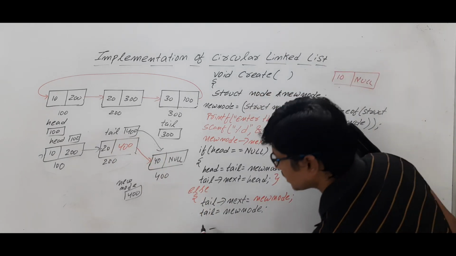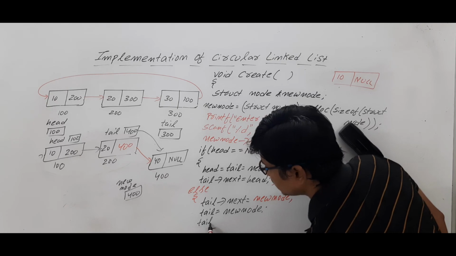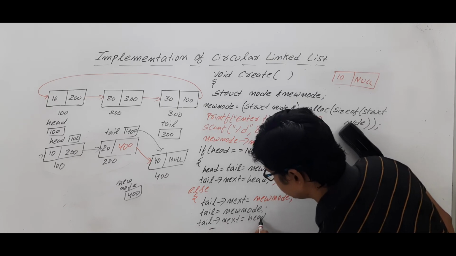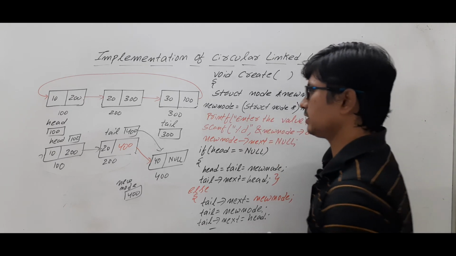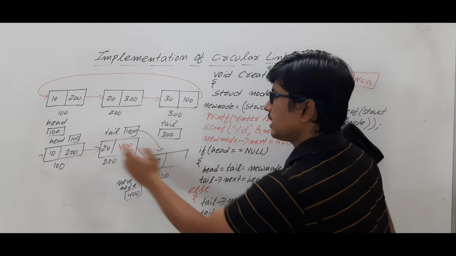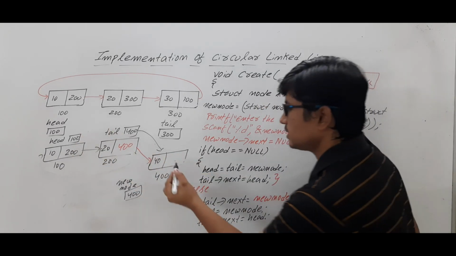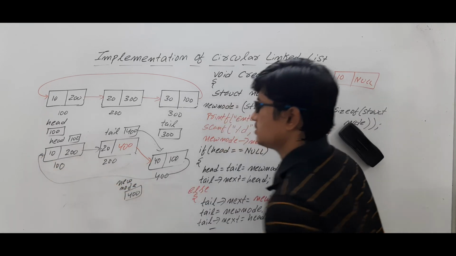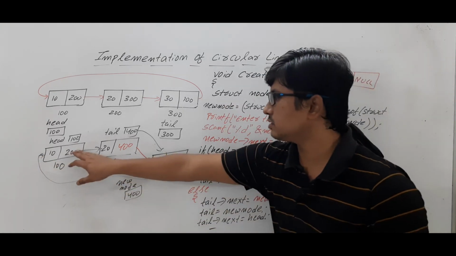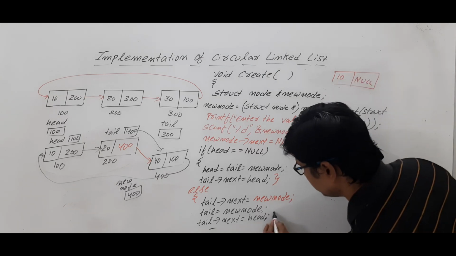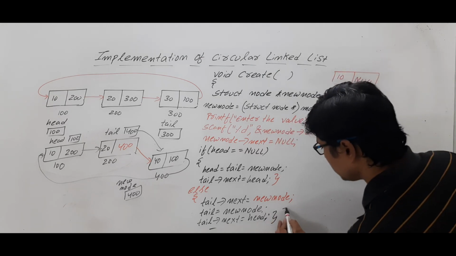Then again you will write tail of next is equal to head. Tail of next, tail is 400, 400 of next is this one. You are assigning head, the value of which is 100. So you have created a link like this. So again it is following the circular principle. So you will close the else block here. Okay, you will close the create function.